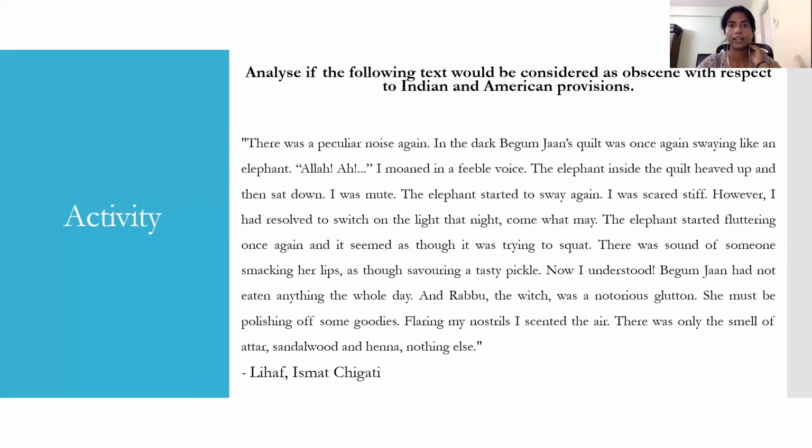Maybe we could divide you into two groups where one looks at it through the Indian perspective and the other through the American perspective. And sorry, just a clarification, the Perumal Murugan book is actually a Madras High Court case, not a Supreme Court case.